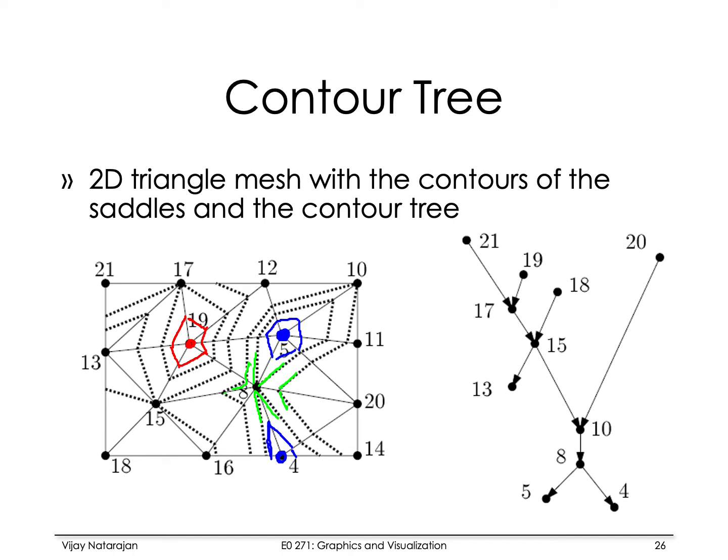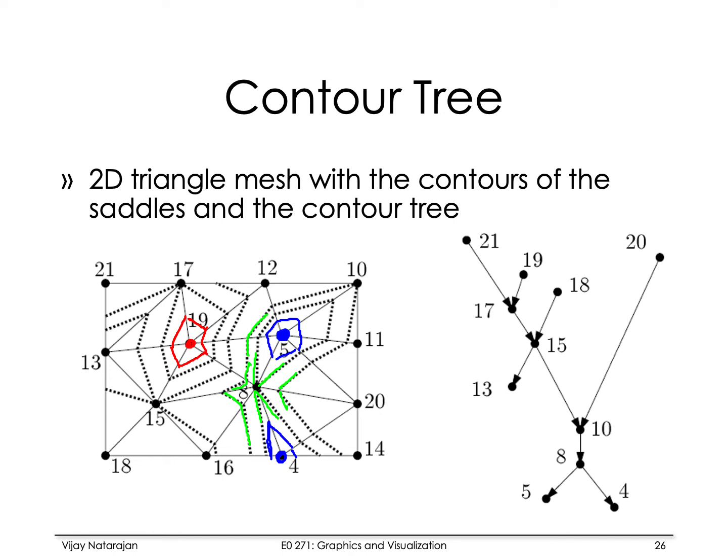If you trace this entire component in the other direction, you will see that it's a single component. So it seems like the isocontour components merged into a single component at 8. Now this change in the number of connected components can be succinctly represented in the form of a tree.